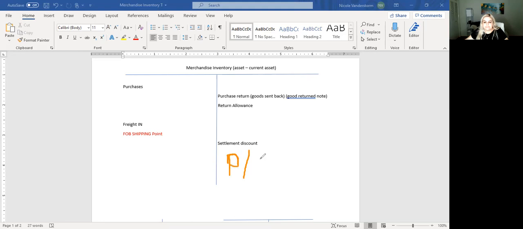Okay, so if I say 3/15, it's going to be percentage. So I get a 3% discount if I pay within 15 days from either the date of the invoice itself or the date of statement.